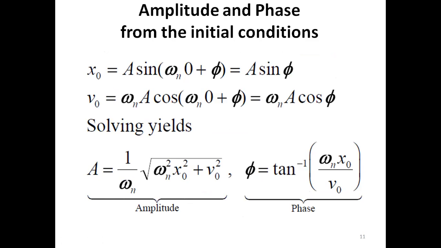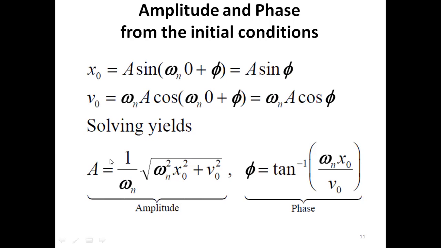Amplitude and phase from the initial condition. Once we have the initial conditions, we could use those to find out the amplitude and the phase in the displacement equation. So how could we do that?